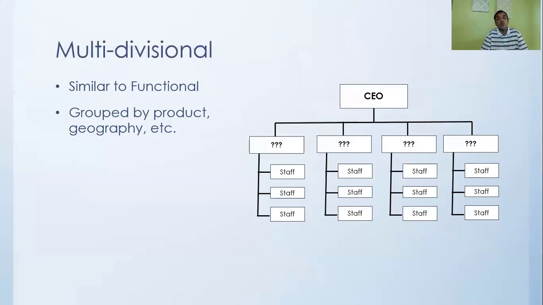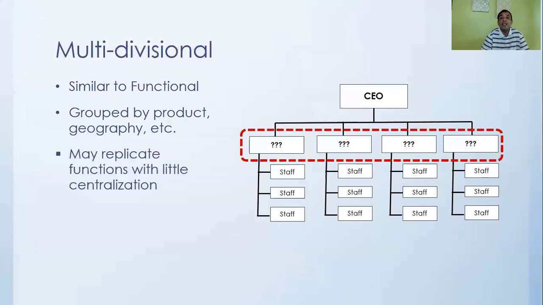And so what typically happens is many things get replicated here. For example, a lot of times you'll find the IT work that is done in the Europe group is also being done in the North America group. So there can be some replicated function across these groups.